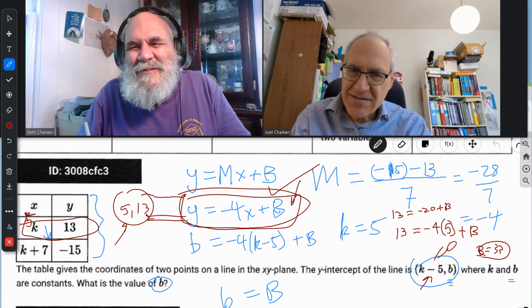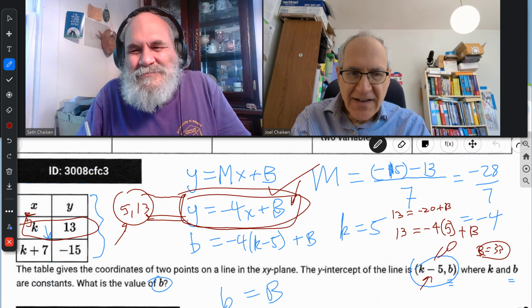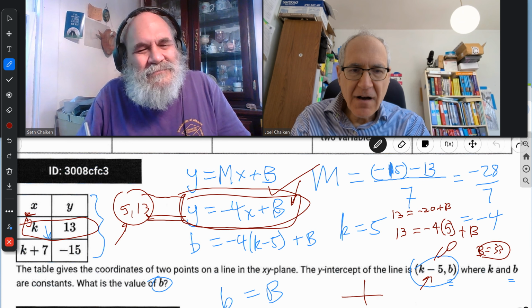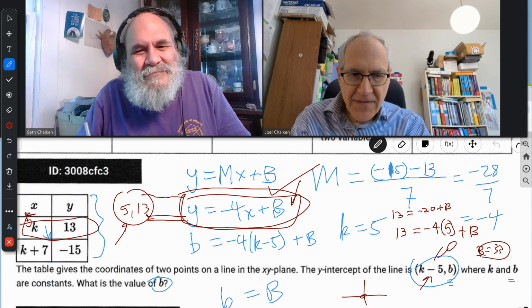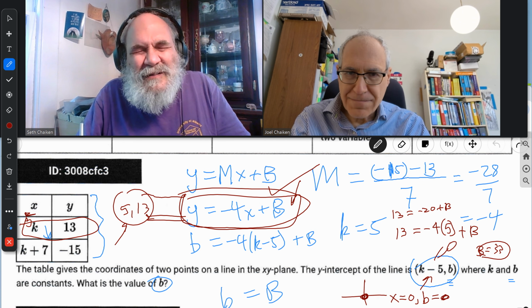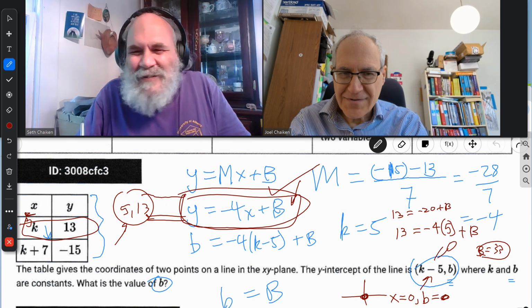So, the y-intercept is here. X is equal to 0. B is equal to the y-intercept. This is the equation.